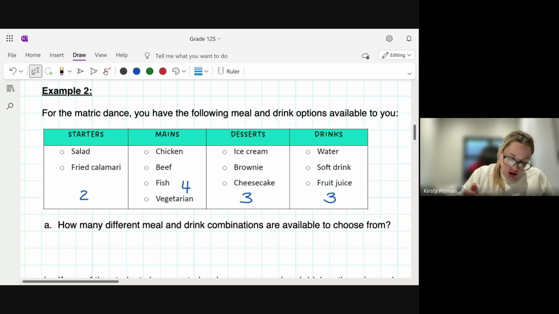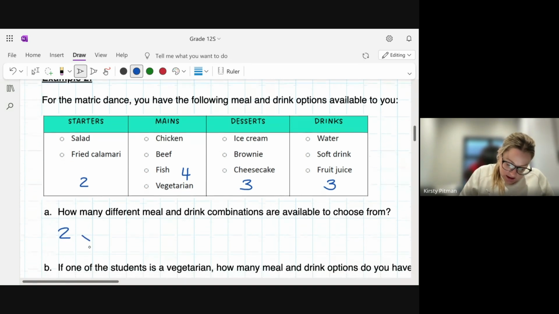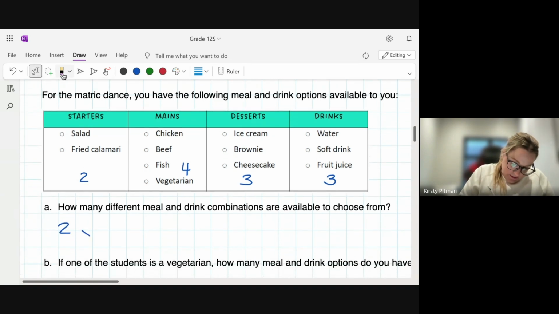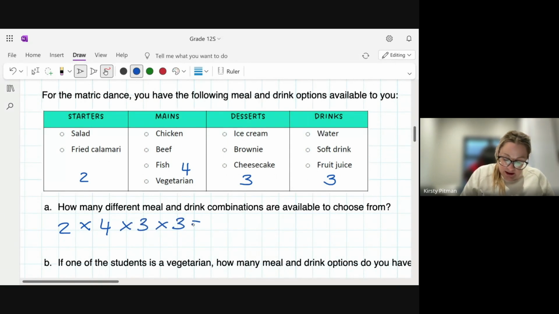All right, let's give it a try. How many different meal and drink combinations are there available to choose from? What we're going to say, there are 2 starters times 4 mains, 3 desserts, and 3 drinks.